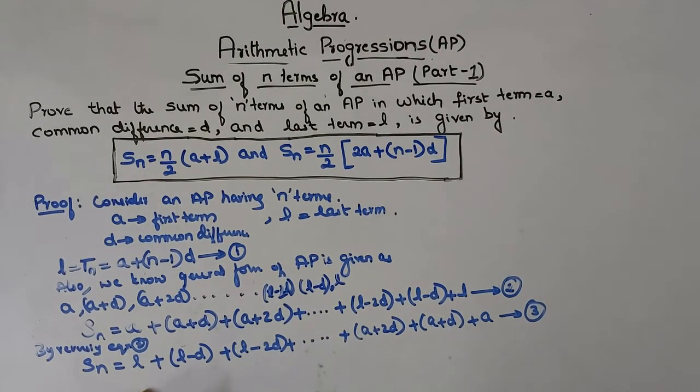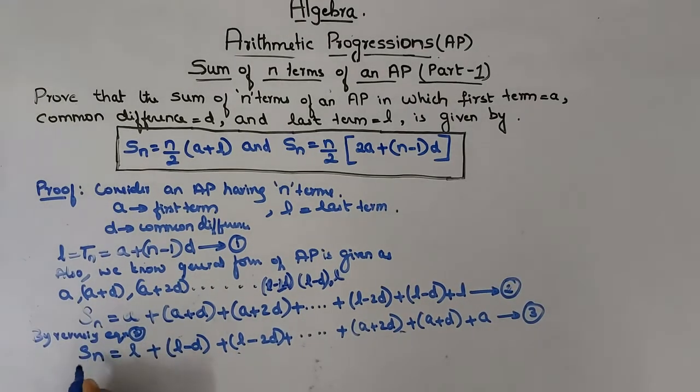Now let's add the corresponding terms of equations 2 and 3. Sn plus Sn gives you 2Sn, which is equal to (a plus l) plus (a plus d plus l minus d). Here plus d and minus d get cancelled, and we are left with a plus l.